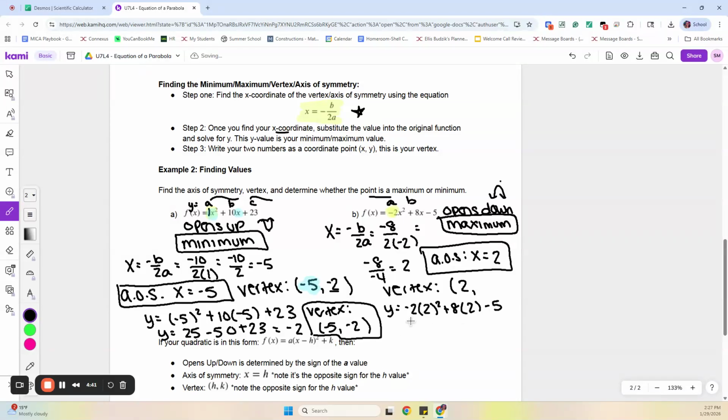So 2 squared is 4, and then 4 times negative 2 is negative 8. Just be careful. Plus 16 minus 5. So we get y equals negative 8 plus 16, which is 8. 8 minus 5 is 3. So our y value is 3 there, and that would be our vertex.